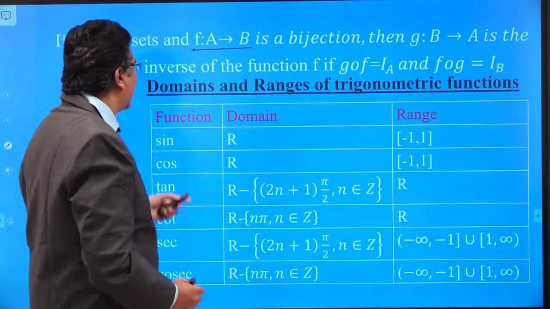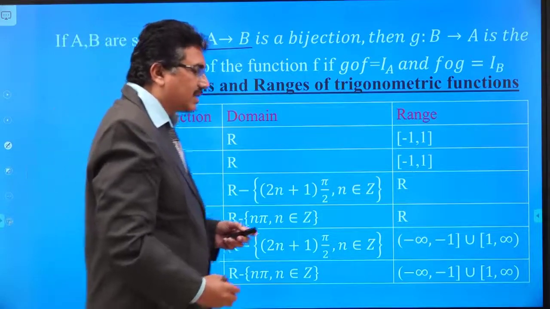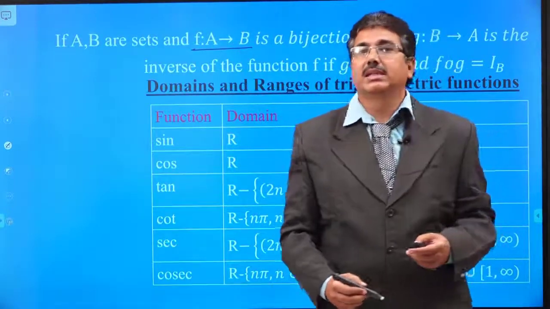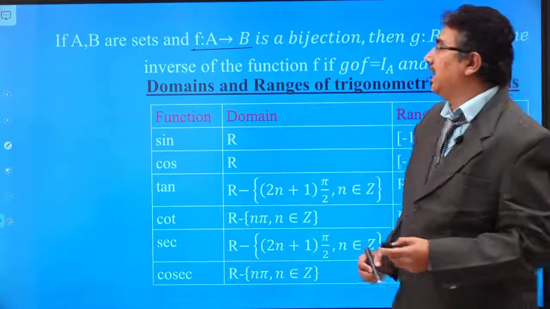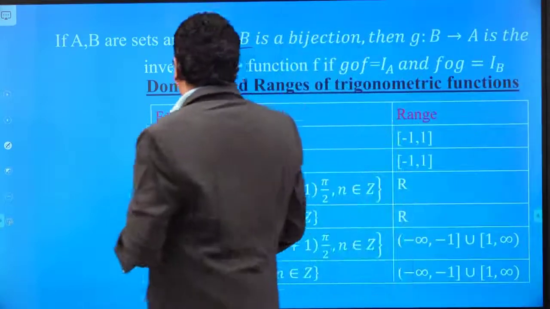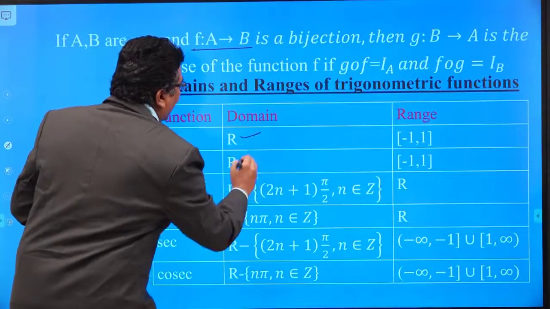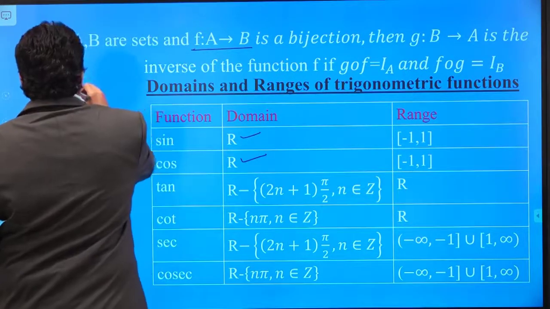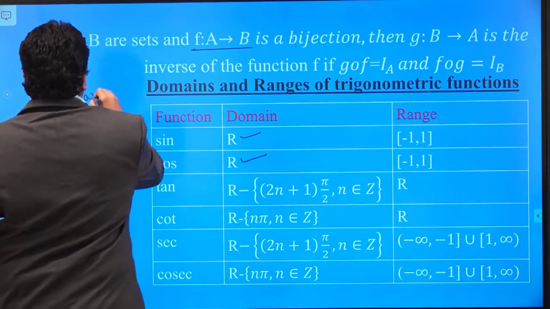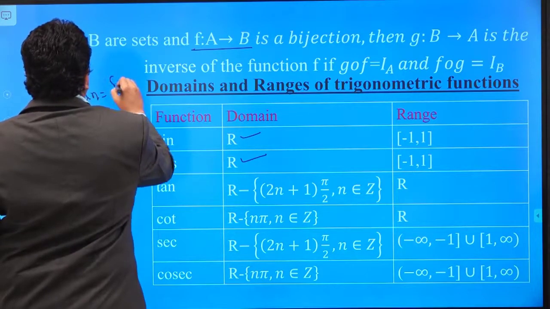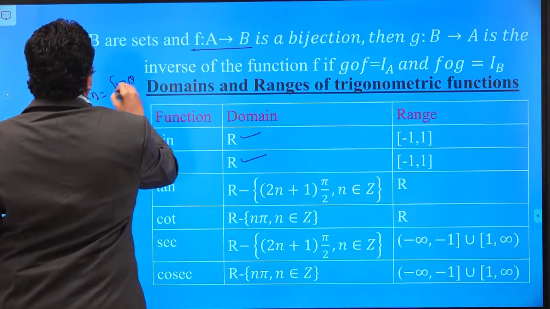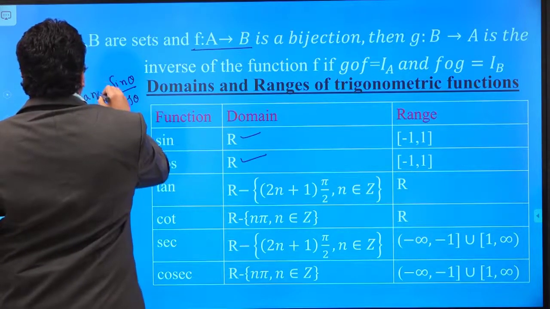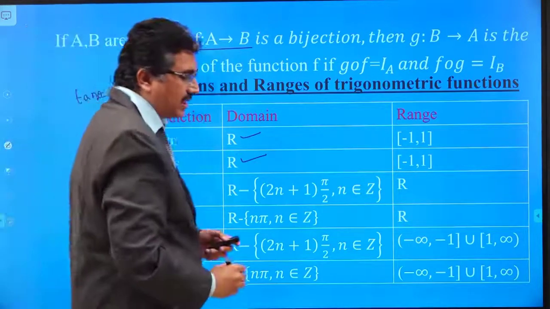Here, sine and cos are defined for all real numbers, so their domain is R. Tan theta is equal to sine theta divided by cos theta.